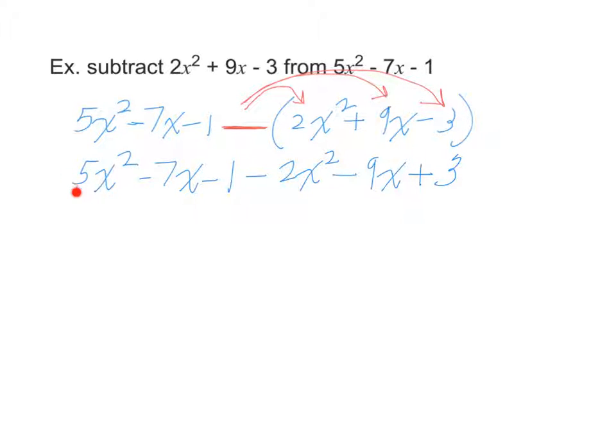Combining like terms together, 5x squared and negative 2x squared is 3x squared. Negative 7x and negative 9x is negative 16x. Negative 1 and positive 3 is 2.